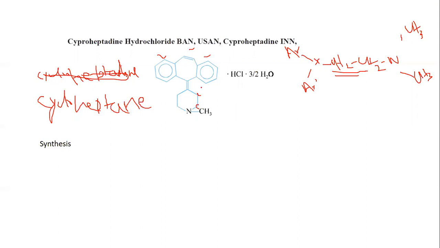CH2 CH2, and also CH2 CH2. Actually, this is a cyclic chain. We have seen that cyclic chain analogs can also give potent antihistaminic drugs. Fine. So this is a cyclic chain analog, and here there is a carbon. If you consider this X, this is actually carbon, and there are two aromatic rings.